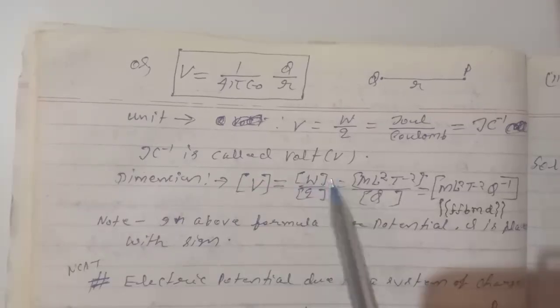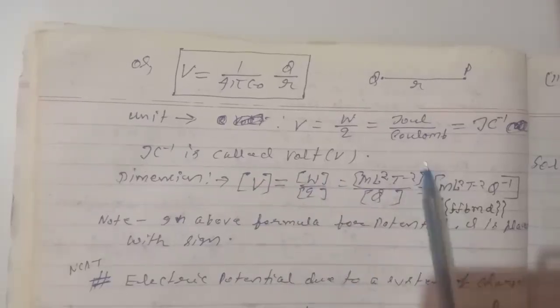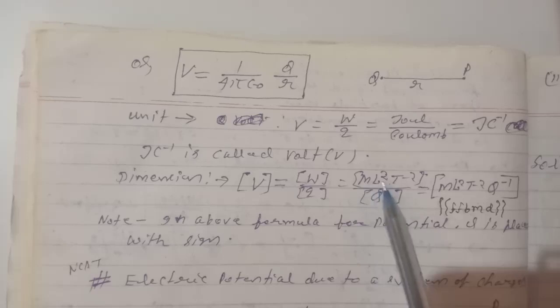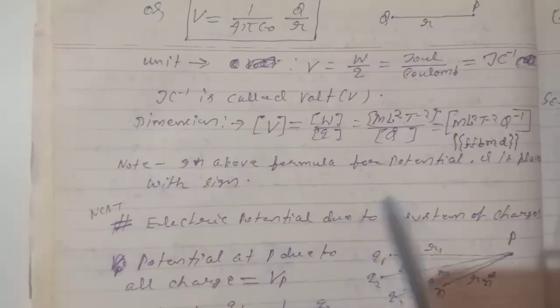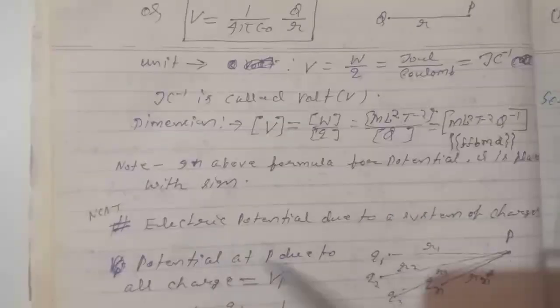Dimensionally, V equals dimension of W by dimension of Q. Dimension of W, that is work, is ML2T minus 2, divided by dimension of Q, which is Q, so V is ML2T minus 2 Q minus 1. Note, in the above formula for potential, Q is placed with sign.